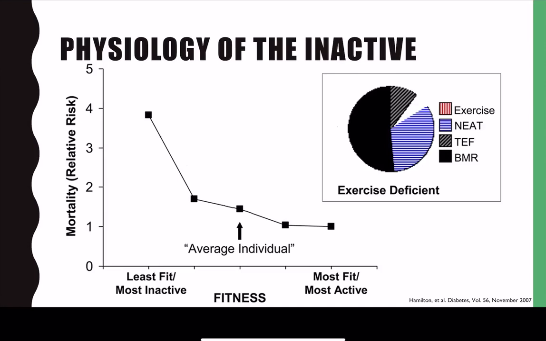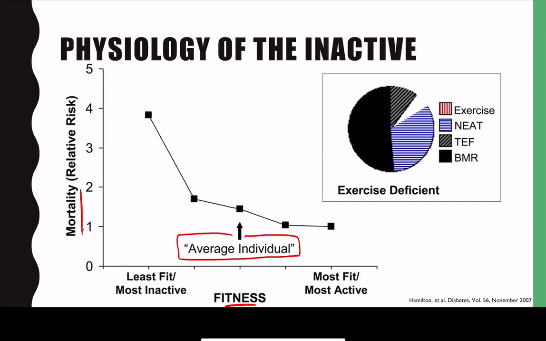This graph is created from data collected on 13,344 middle-aged men and women. And they looked at mortality related to their fitness. What's of note is that the center of this graph says average individual. The average individual is not exercising.